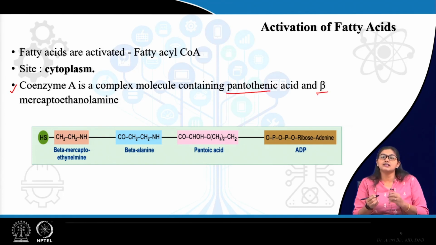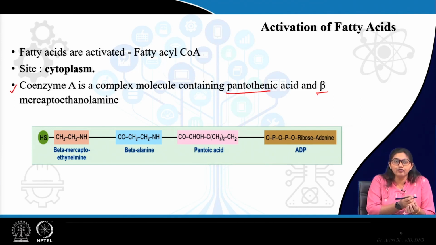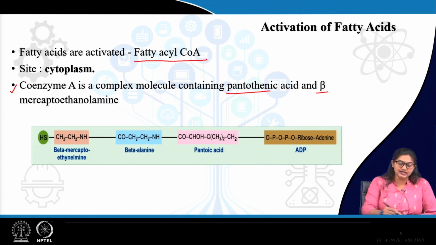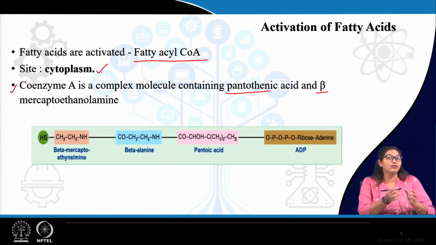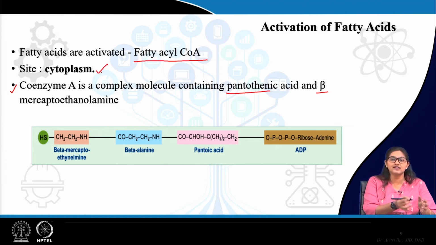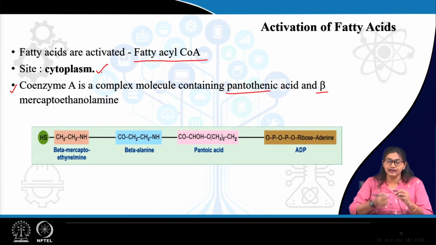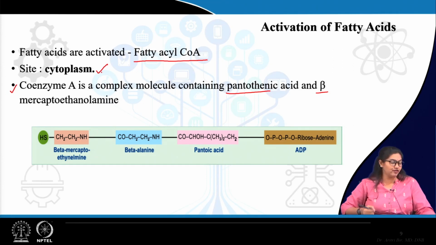When this coenzyme A is added to fatty acid, it forms fatty acyl coenzyme A. This is the activated form of fatty acid and it occurs in the cytoplasm. So, once again, stored fat, triacylglycerol, is broken down in the adipocyte, and free fatty acid bound to albumin is circulated, enters the cell, and in the cytoplasm there is activation of fatty acid.